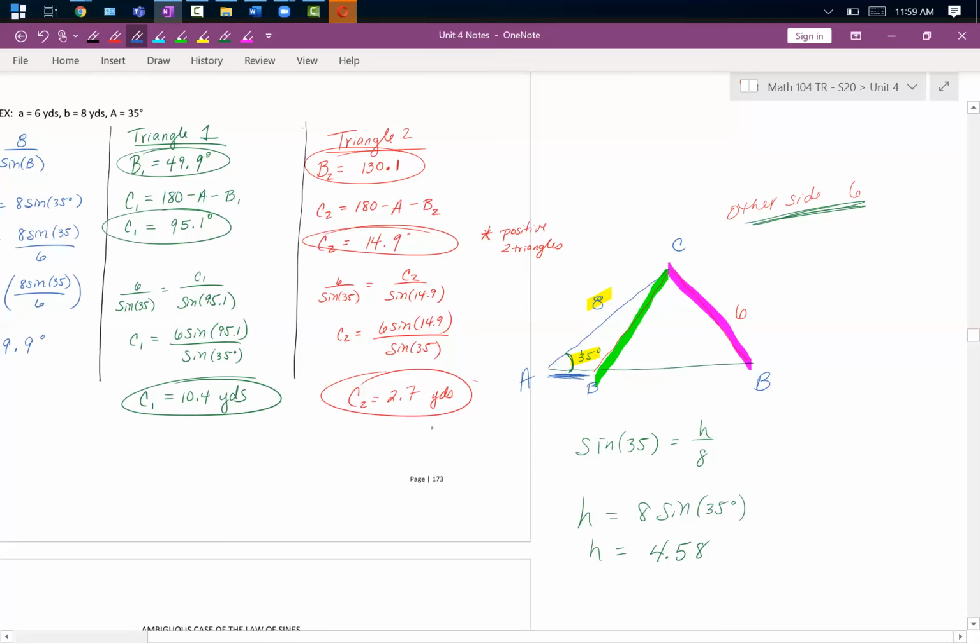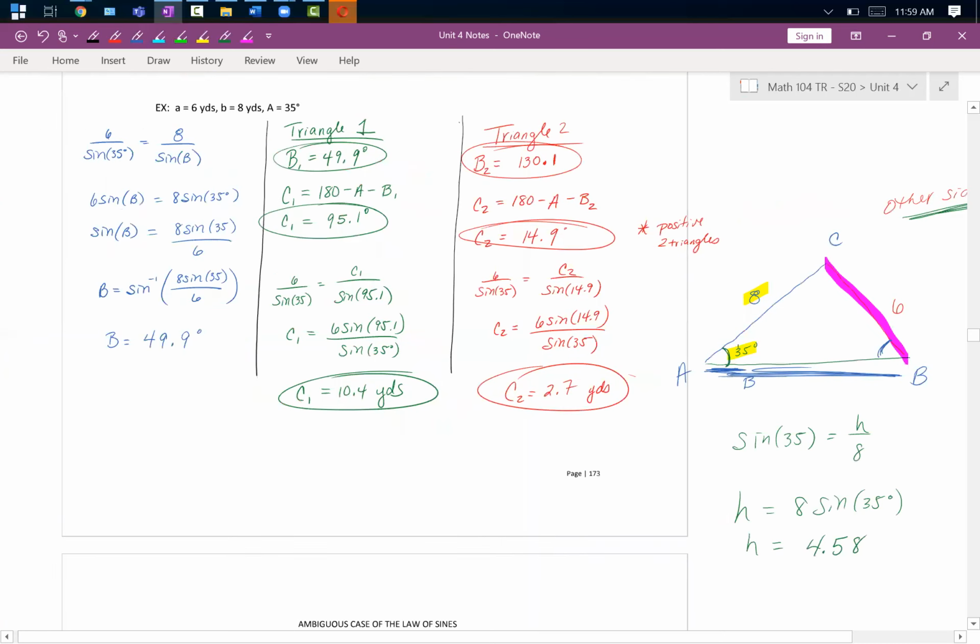That's why we got such a small answer for side C, because that side of the triangle was positioned so close to the other one to get that big obtuse angle B. And that's why in the other one, when we got the smaller angle for angle B, the acute one, we ended up getting a bigger number for side C, because it had to be pushed way over to the side. Anybody else? Questions?